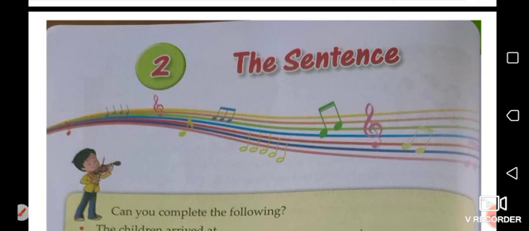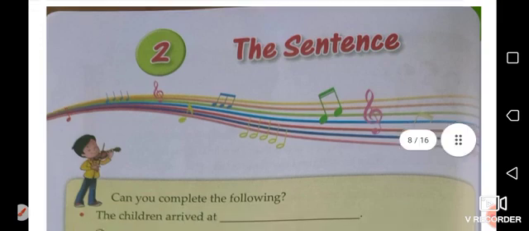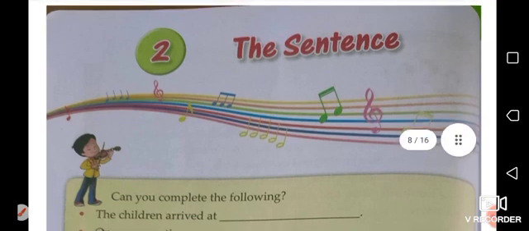We will learn what a sentence is, what the definition of a sentence is, how many types of sentences there are, and lots of things. You had already learned many things about sentences in your physical classes, but now we are going to revise them so that if you have forgotten, you can recall them.